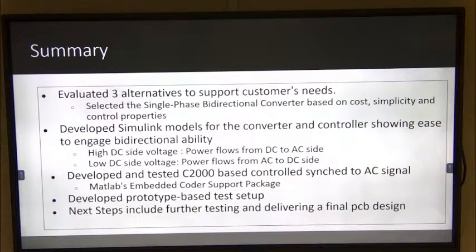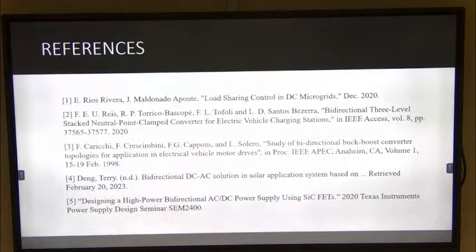The next steps are further testing, and we are going to provide our customer the PCB design as the final result. So thank you.